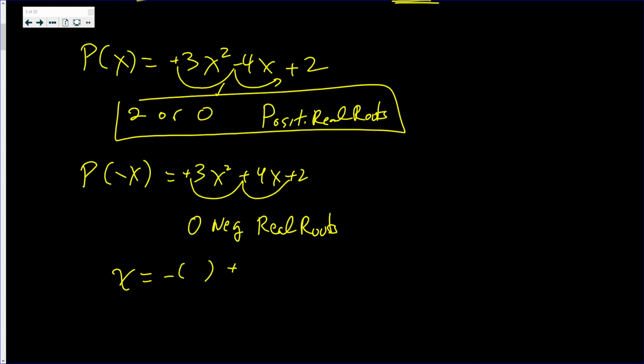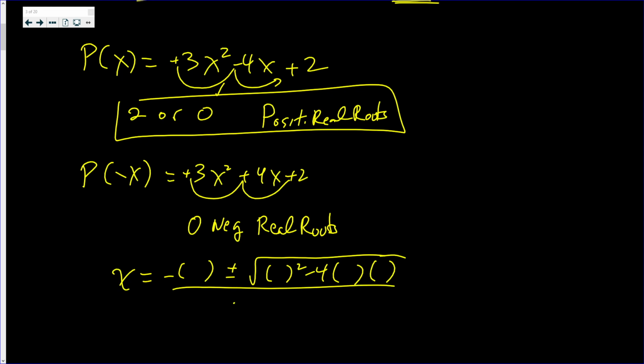x is equal to negative b plus or minus the square root of b squared minus 4 times a times c, all over 2 times a. And we plug in the a, b, and c. a is 3, b is 4, c is 2. So b goes here and here, a goes here, and c goes there, and a goes there.